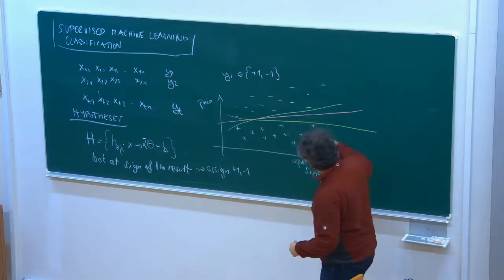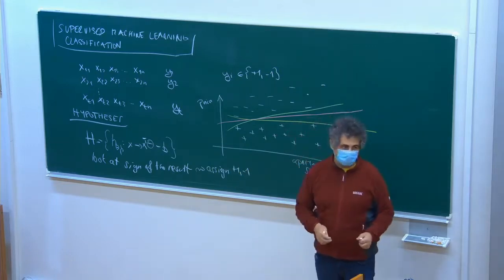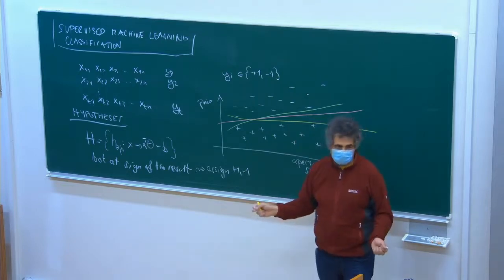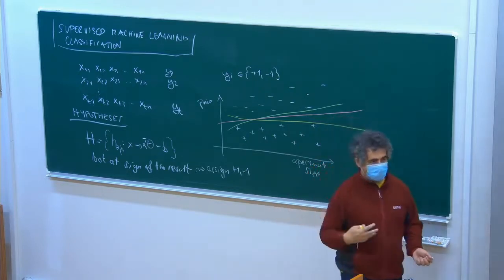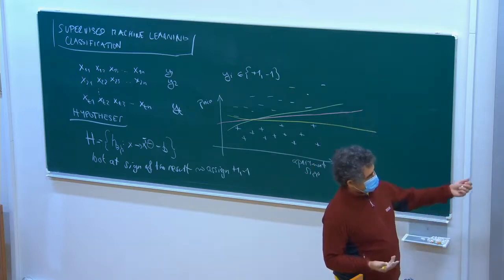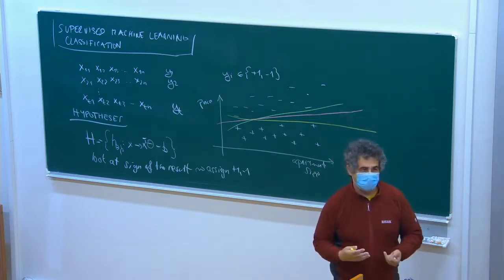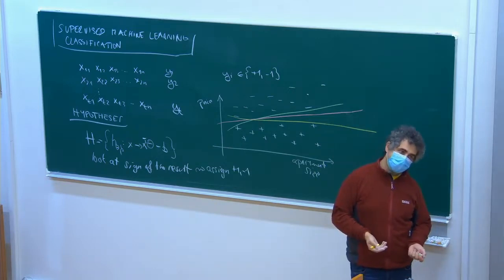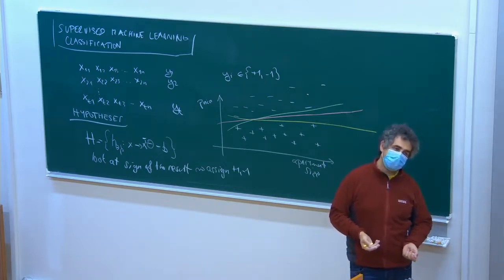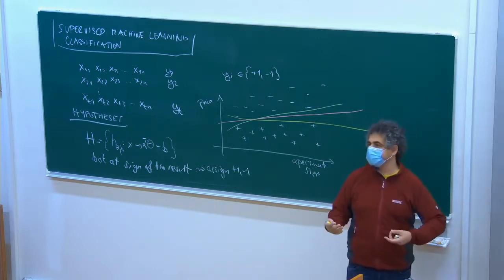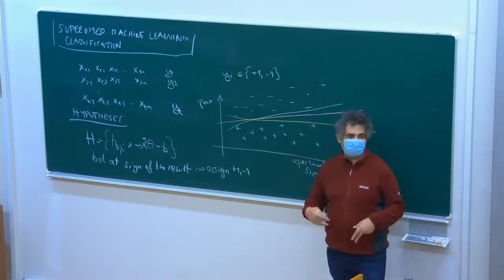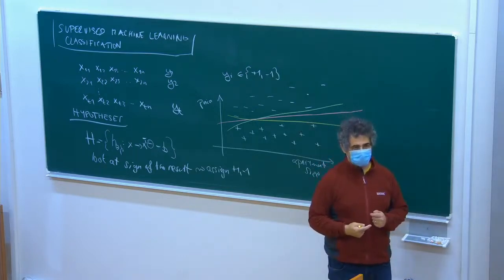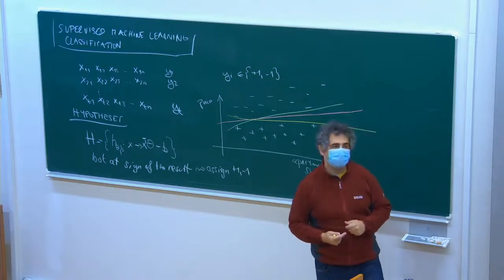I'm fixing on one of those hypotheses and discarding all the others, but delta doesn't have any reasonable geometric interpretation. I'm choosing a hypothesis based on what is convenient computationally. That's not very good.